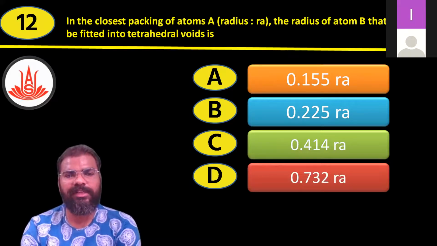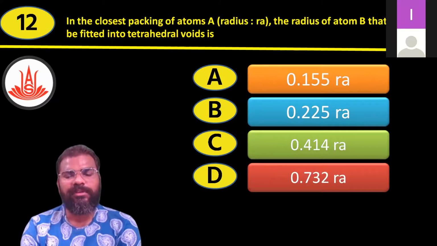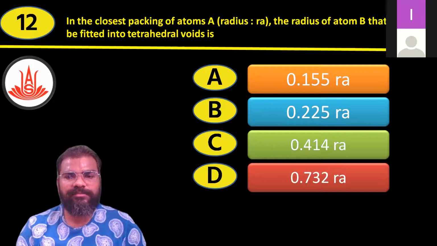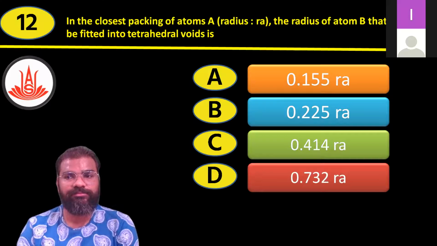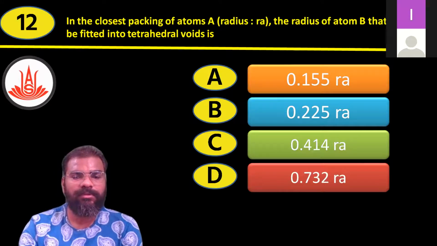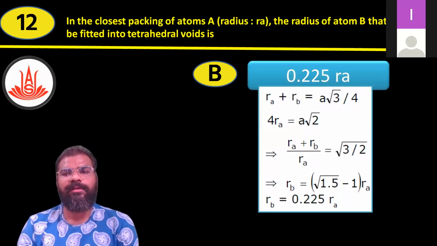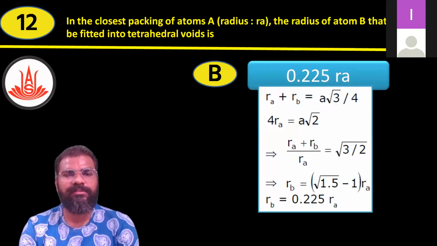The radius of B that can fit into the tetrahedral void is how much? 0.155 Ra, 0.225 Ra, 0.414 Ra, or 0.732 Ra. So for this, the option is B, that is 0.225 Ra is the answer.